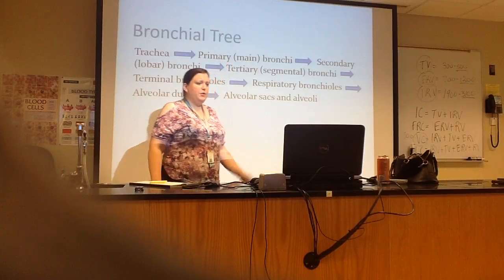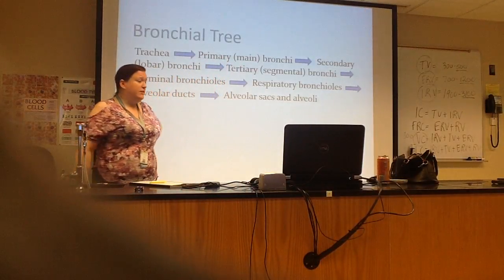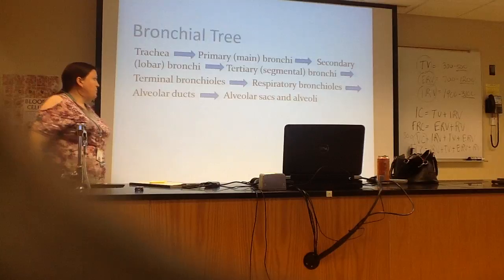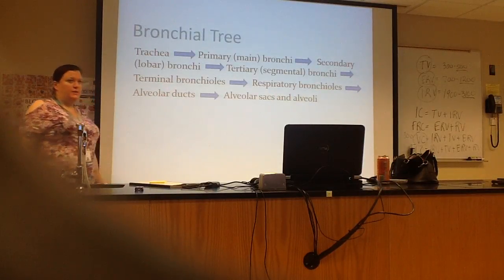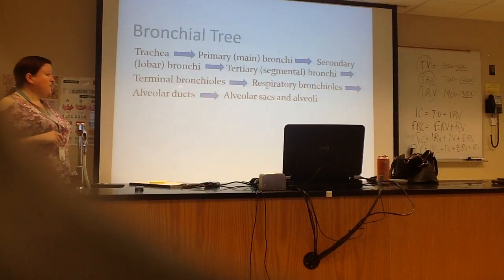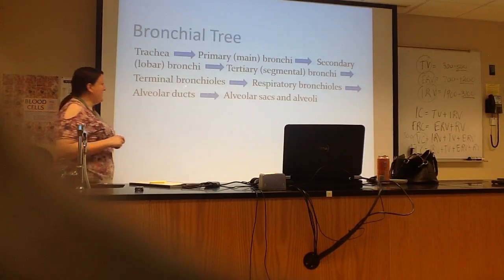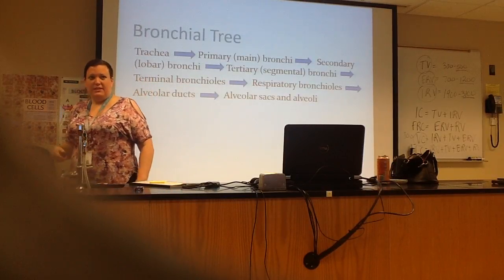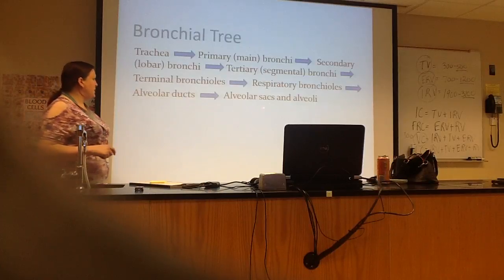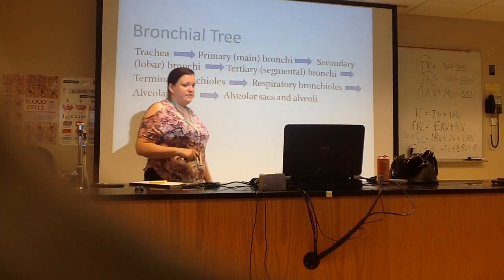Make sure you know the order of the bronchial tree listed here. I'll tell you where most people get tripped up is between terminal and respiratory bronchioles. Terminal bronchioles sound like they're the last ones, but they're not. Terminal bronchioles lead to respiratory bronchioles. They're the last bronchioles. And those lead to the alveolar ducts and the alveolar sacs.